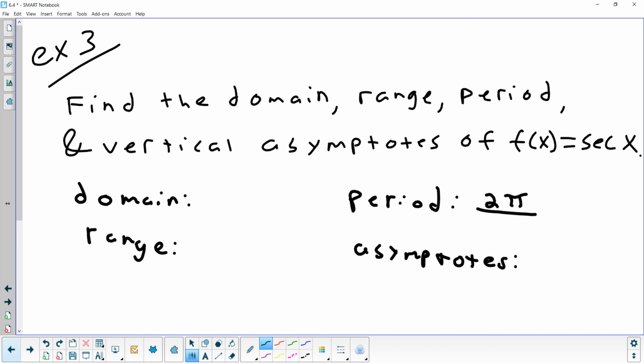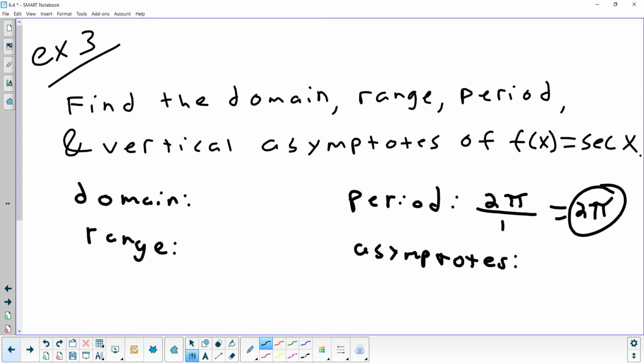Inside the parentheses. And where inside the parentheses? It's always right next to the x. It's the coefficient of the x, which in this case is 1. So this problem doesn't have a period change. So it's just 2 pi.